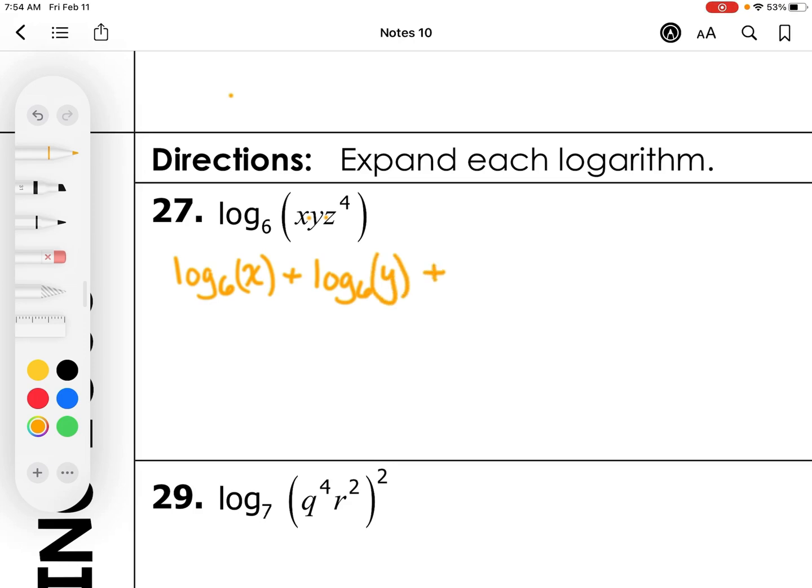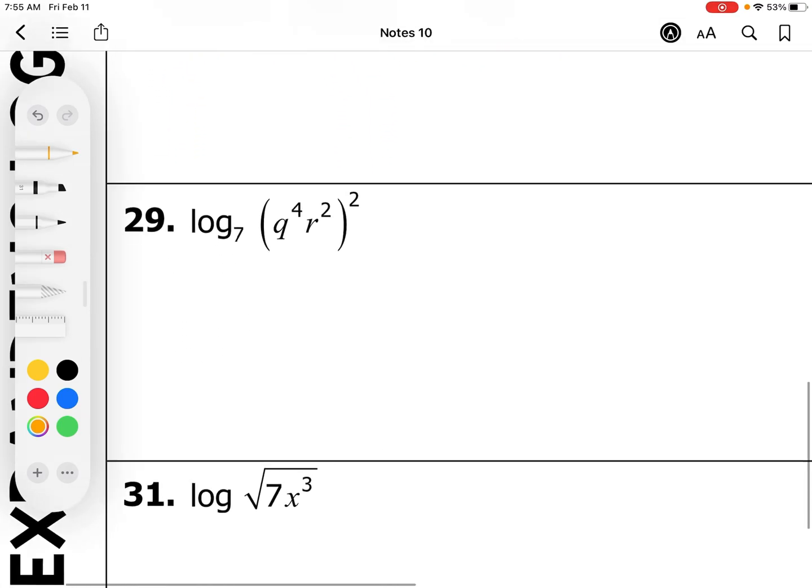And then we're going to add a log base 6 of z to the 4th. But that exponent gets moved in front by the power property. And that's it. That's expanding. Multiplying becomes addition with your multiple logs.